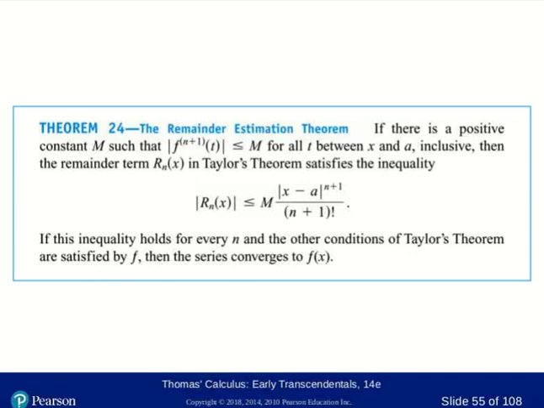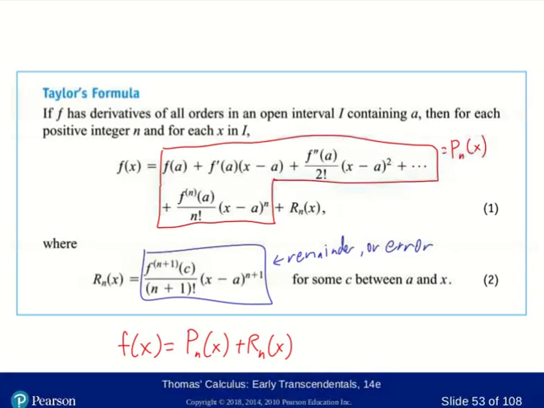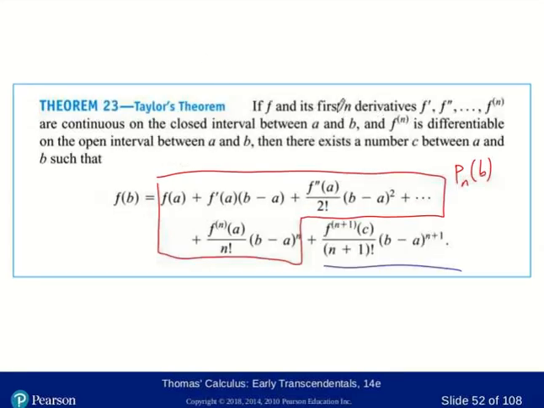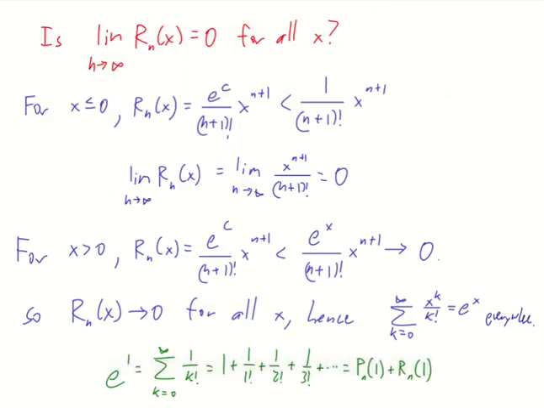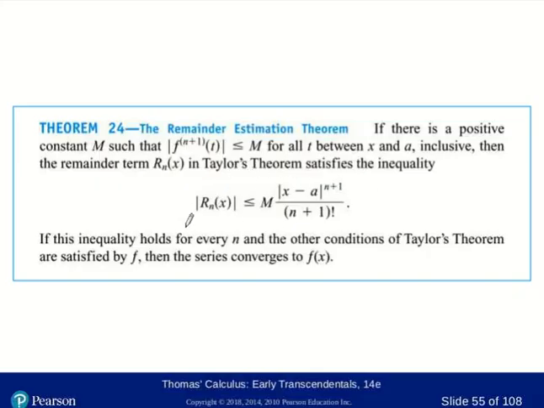So if f is infinitely differentiable over a particular interval, or at least the first n derivatives exist on a closed interval, then if those things are satisfied, and we know that this bound is satisfied for every n value, then it's another way to say that the series converges, because if that's the case, then this limit as n goes to infinity is going to have to go to 0, because this factorial guy is going to take things over in the limit.